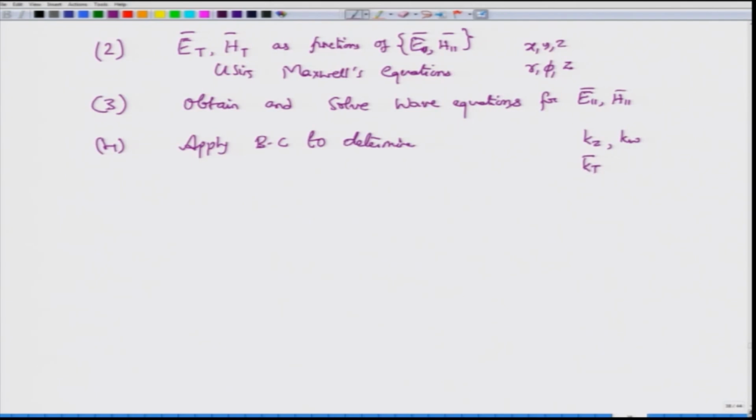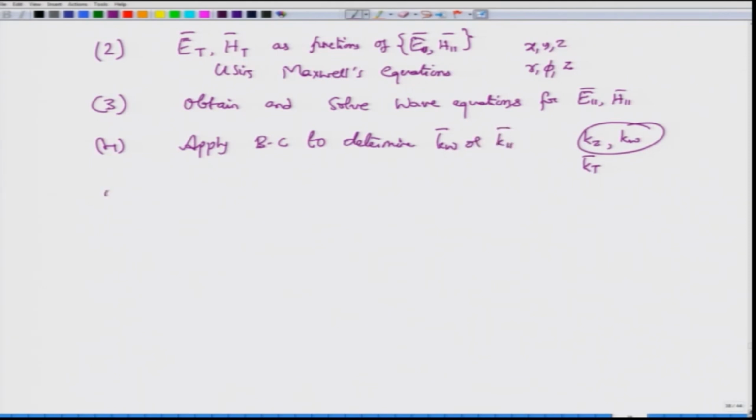Kw will be a function of the transverse wave number kt and whatever the medium k vector is. But you need to apply a boundary condition to actually determine these quantities, the longitudinal propagation constant. So, I will just write this as kw, and this corresponds to the propagation constant, or I could have written it as k parallel.